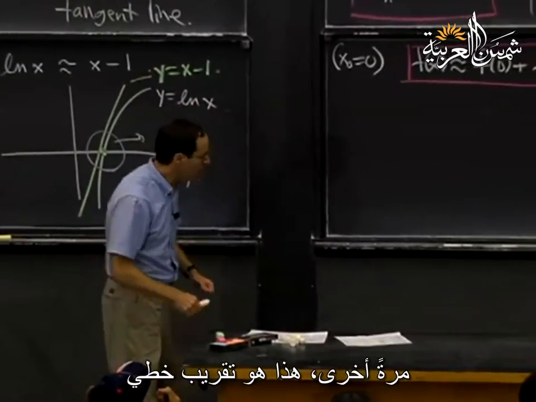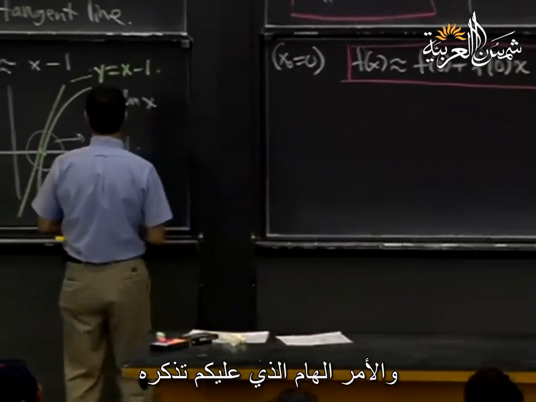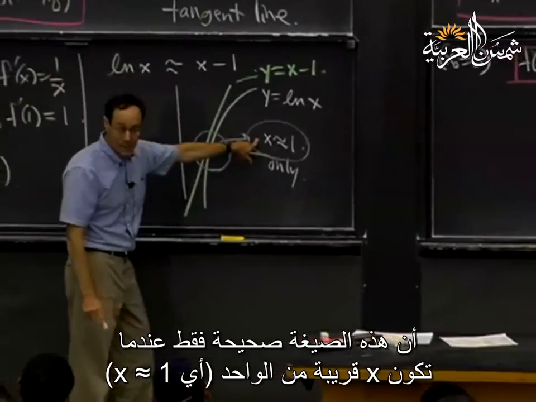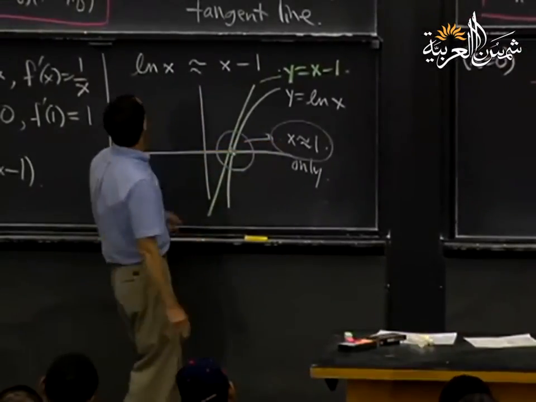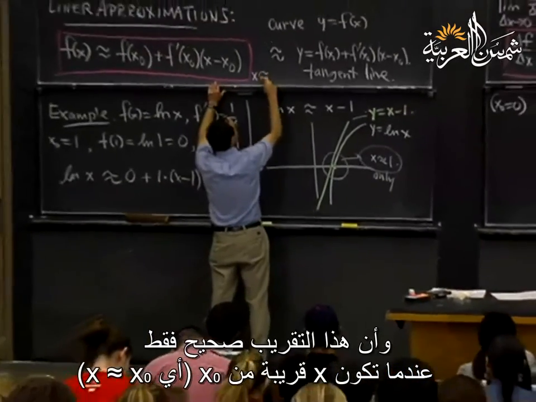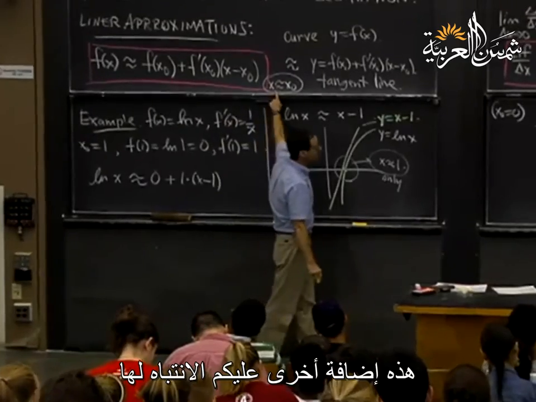That's, again, just the linear approximation. But one always has to remember, and this is a very important thing, this approximation here really only works when x is near x0. All right, so that's a little addition that you need to throw in.